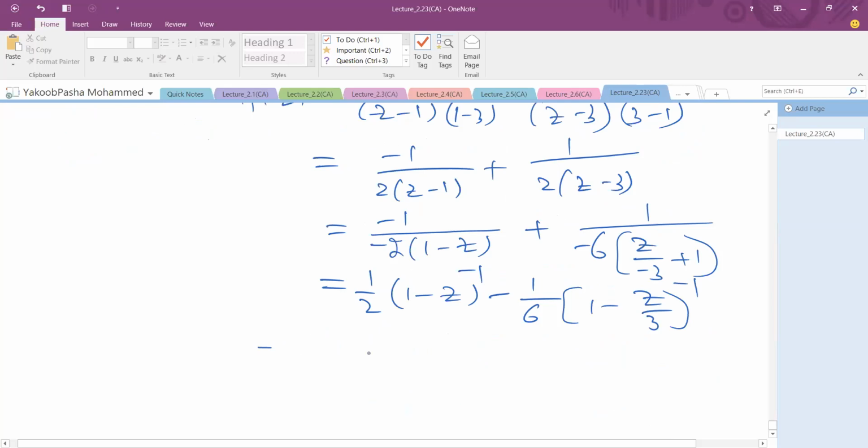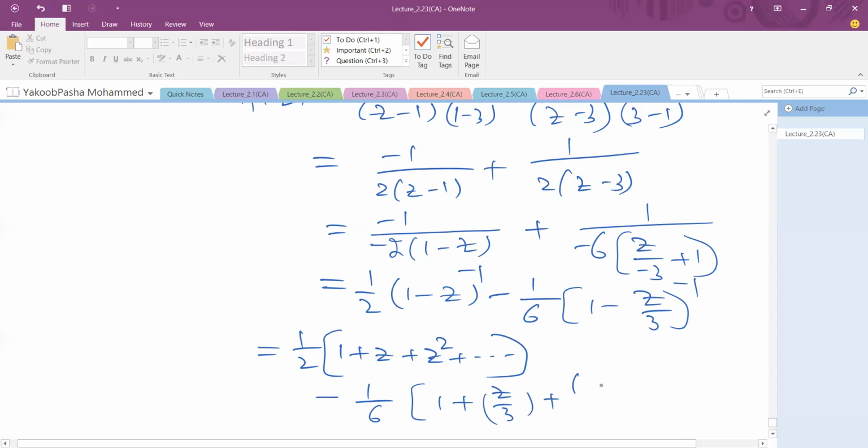Okay. So this is equal to 1 by 2, expand this: 1 plus z plus z square plus and so on. First term. Second term, 1 by 6, 1 plus z by 3 plus z by 3 whole square plus and so on. Okay.